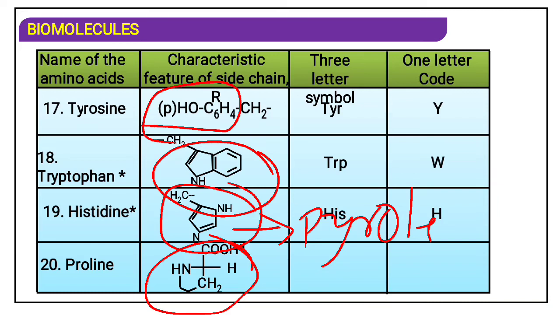Some amino acids are acidic, some are basic, some are sulfur containing, benzene group containing, OH group containing, heterocyclic group containing, amide group containing.